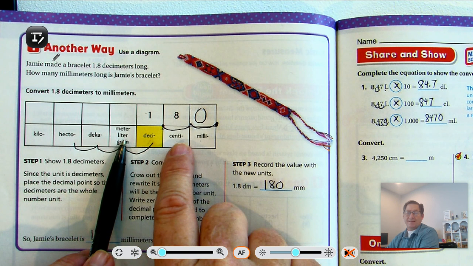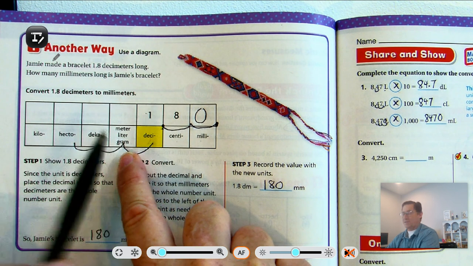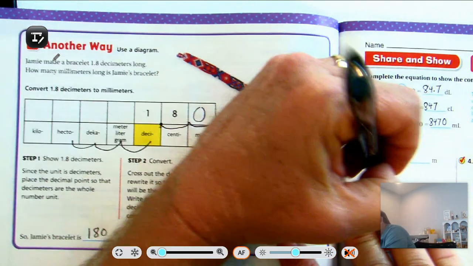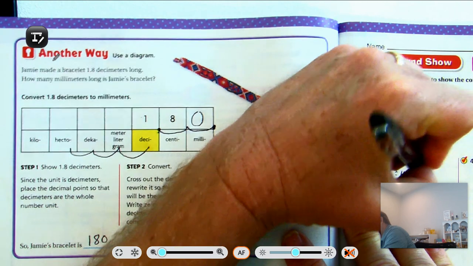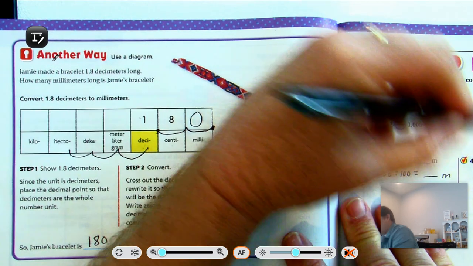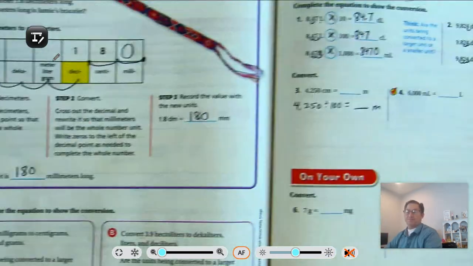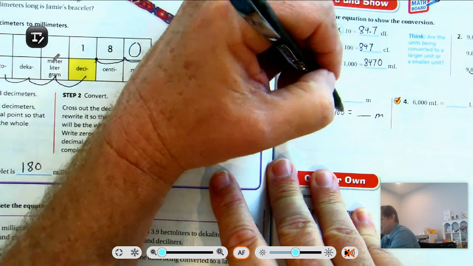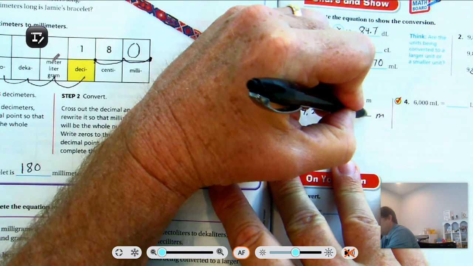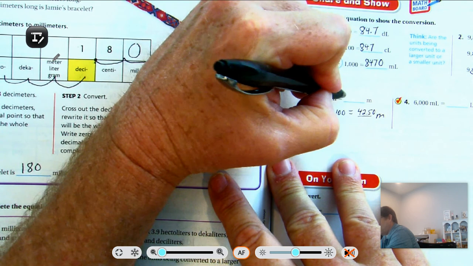We're going to divide by 100. 4,250 divided by 100 equals how many meters? Move the decimal point 2 places to the left. So 42.50 meters.